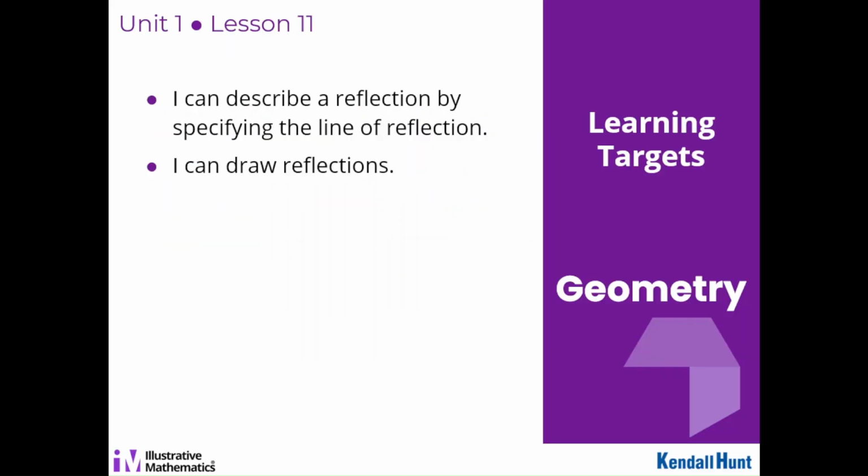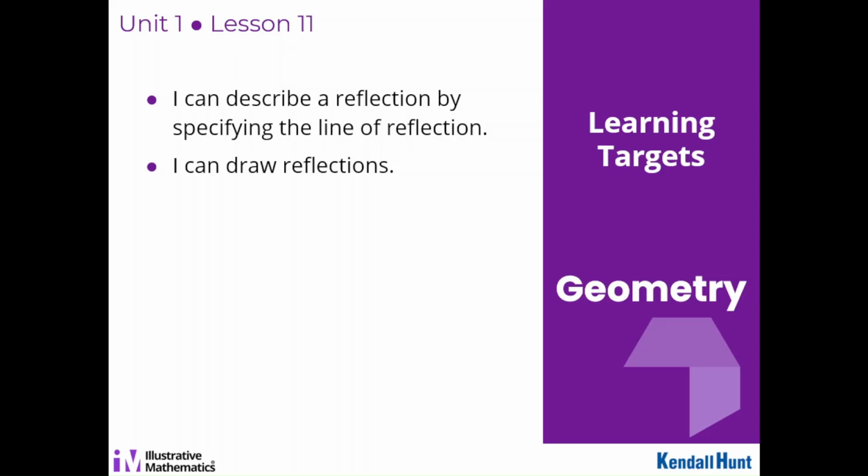Looking back on the learning targets for lesson 11, number 1 says that you can describe a reflection by specifying the line of reflection. Remember, if you are doing a reflection, then there must be some line that you are reflecting across. So you need to be able to identify that line when you are describing it to someone.